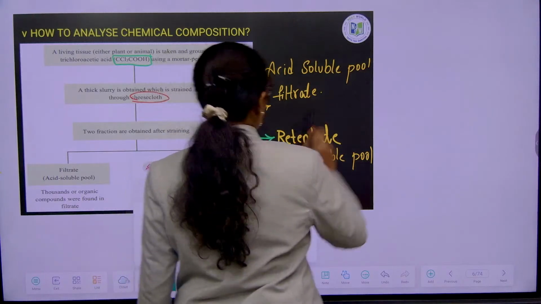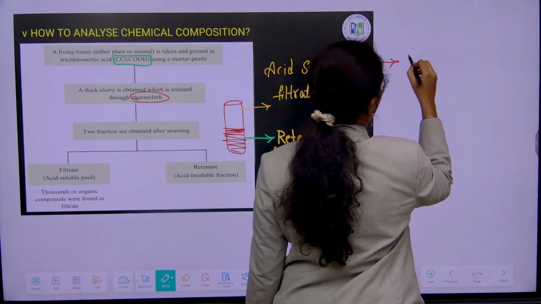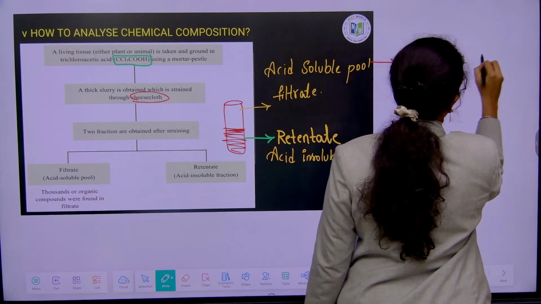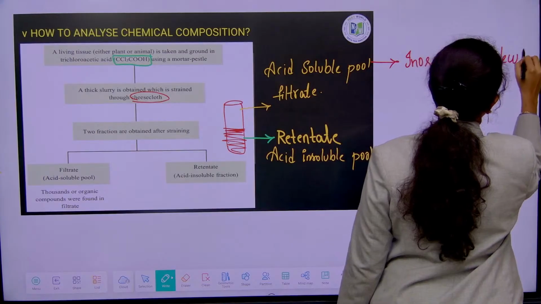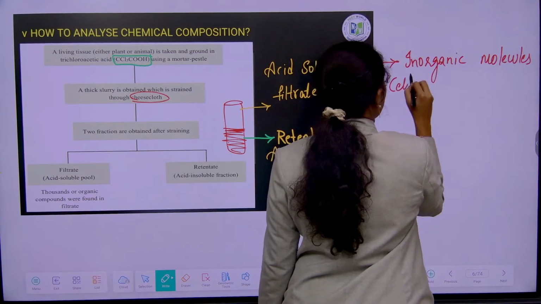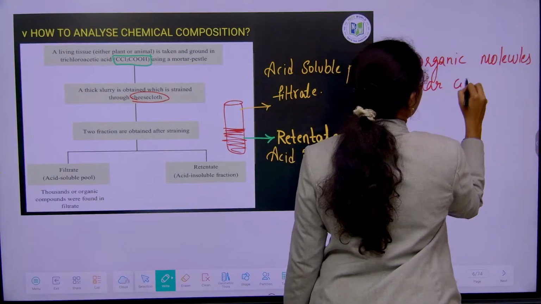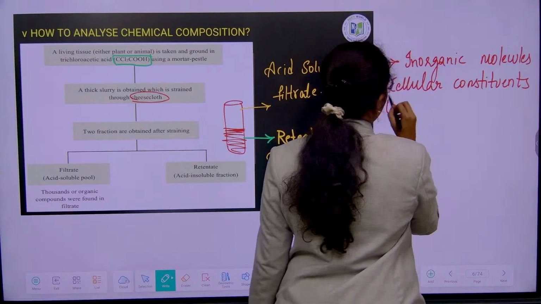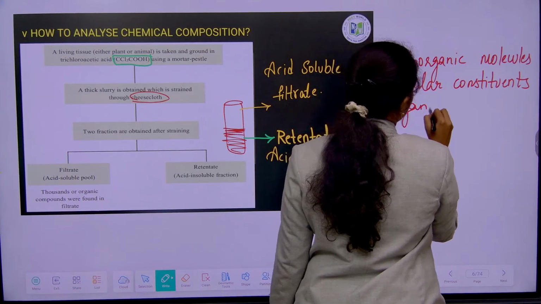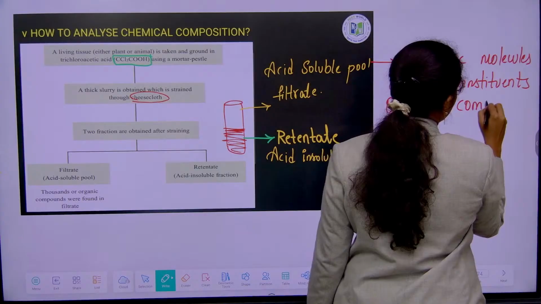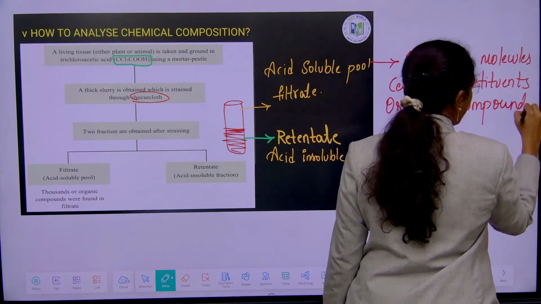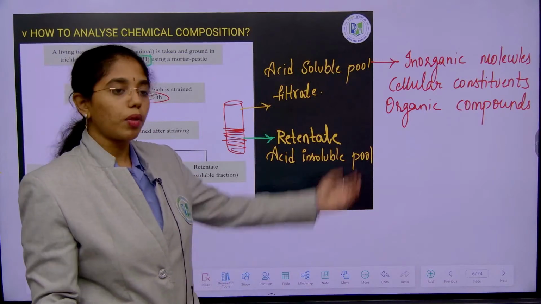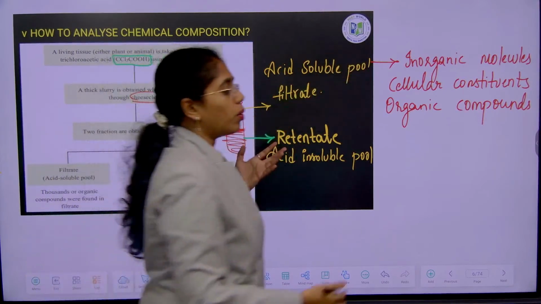In the acid soluble pool you can come across most of the inorganic molecules, cellular constituents, organic compounds, in simple terms. After this we will be learning primary and secondary metabolites. Secondary metabolites also you will be seeing in the acid soluble pool itself.